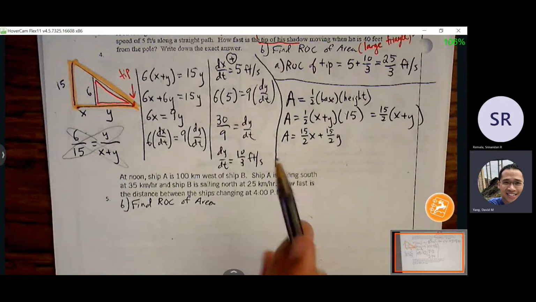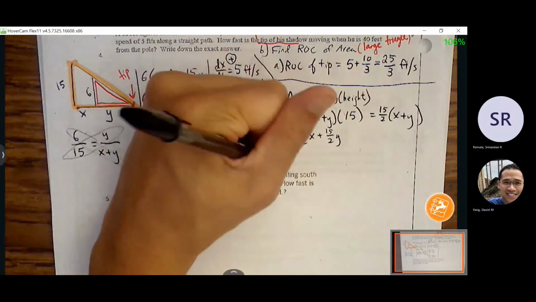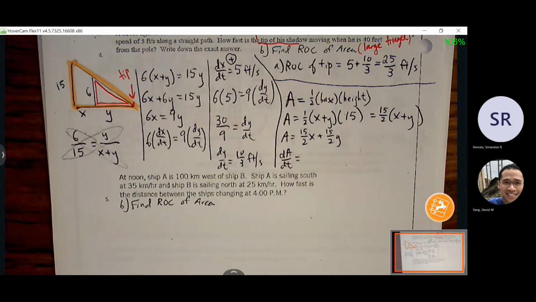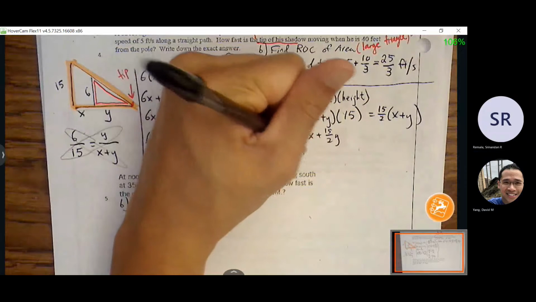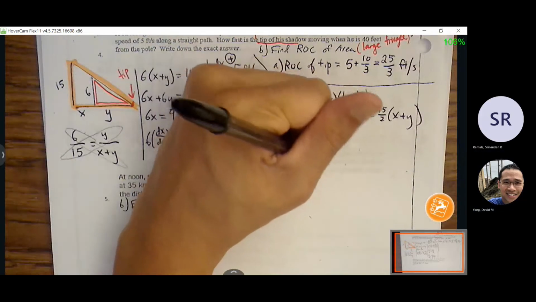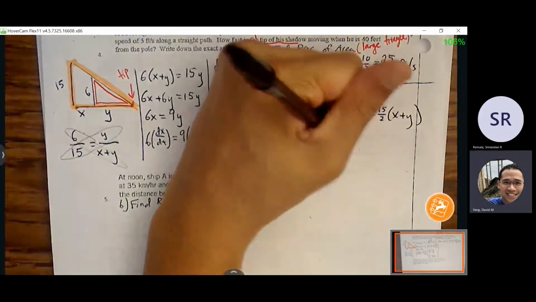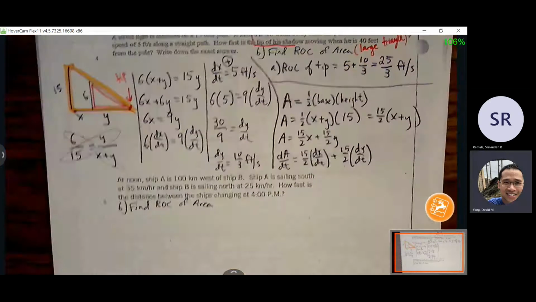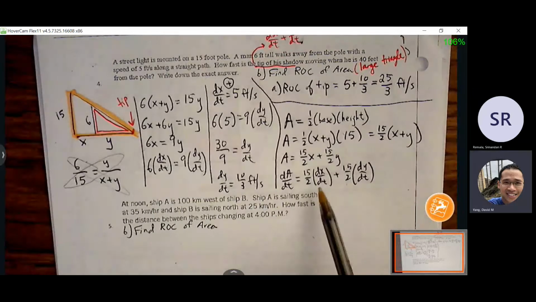Okay, derivative, A becomes dA/dt. What's 15/2 x's derivative? Yep. 15/2 is just a number. 15/2 y, same idea. Okay, so we just give the derivative what it needs. It needs dx/dt, it needs dy/dt.